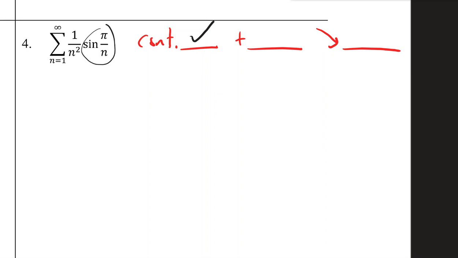And as I plug in bigger and bigger values here, pi divided by a bigger number just goes to 0. So I get a positive times the sine of 0, which is positive. And in the long run, it will be decreasing because as n gets bigger, you're dividing by n squared. So it meets the conditions.